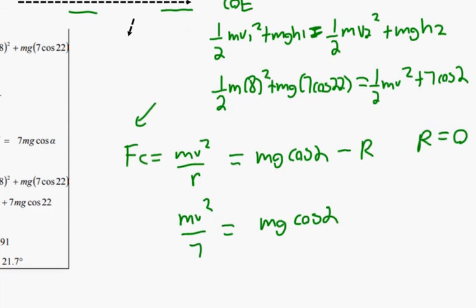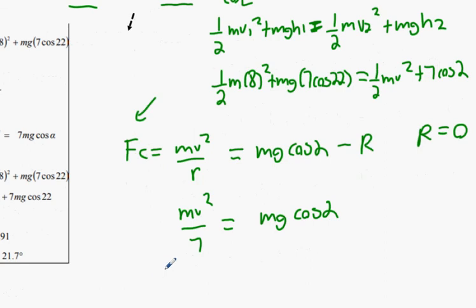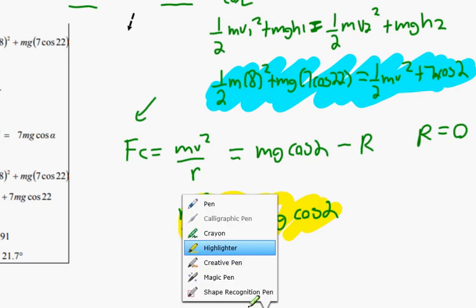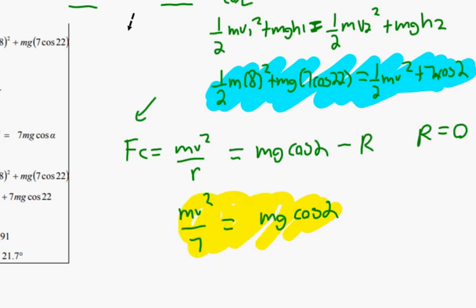Oh sorry, there's an m up there as well. Now we have two equations, this one here in yellow, this one here in blue. We'll just work on the blue one for a second.